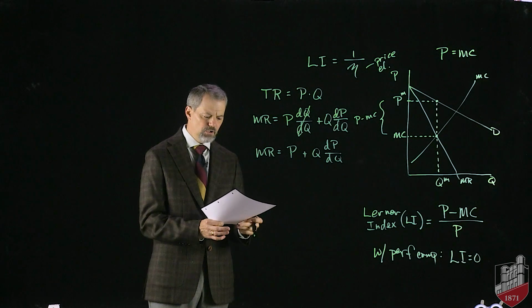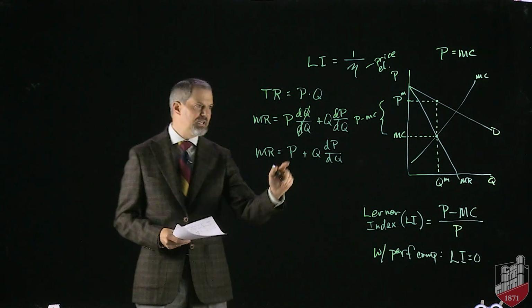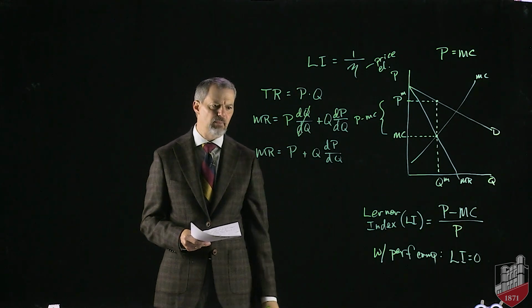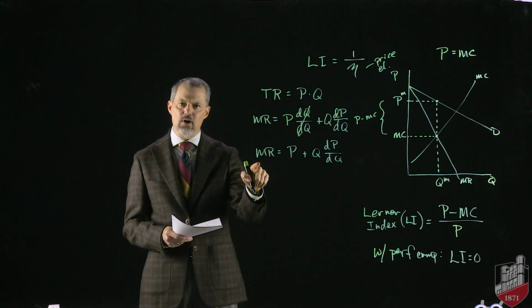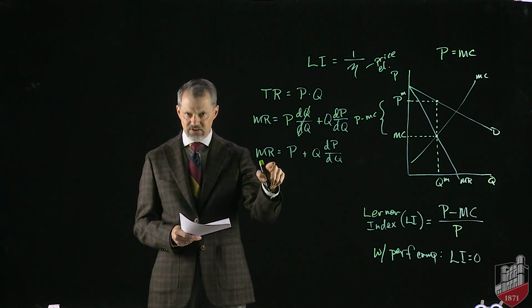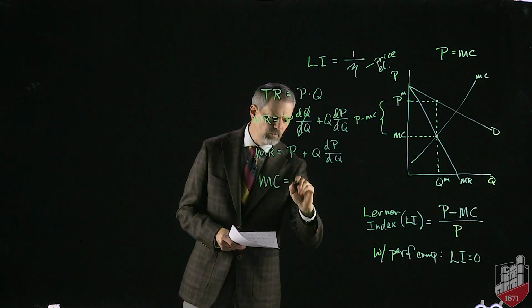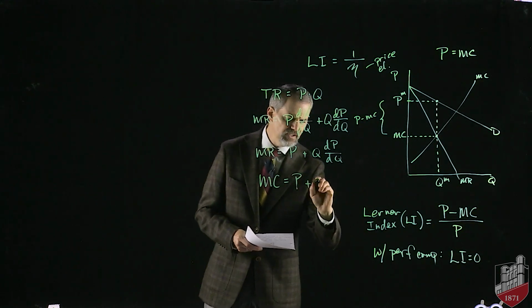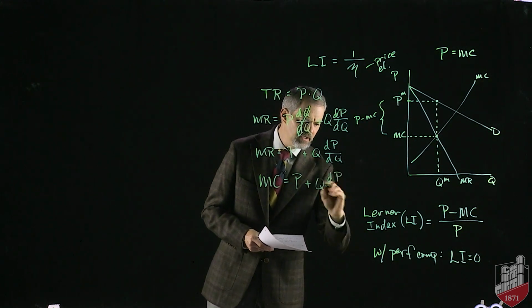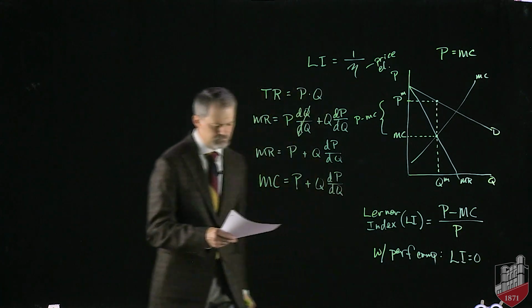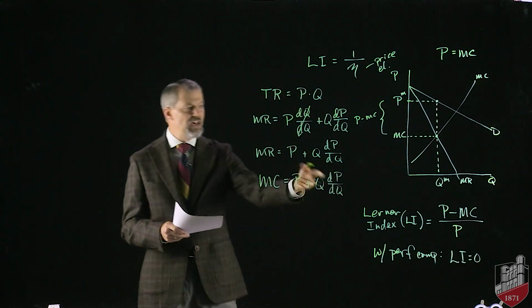Now what we can do is because we know the firm is going to maximize profit, we can substitute marginal cost in here because it's going to be equal to marginal revenue. So marginal cost equals P plus Q dP/dQ. I'm going to move that P over here.